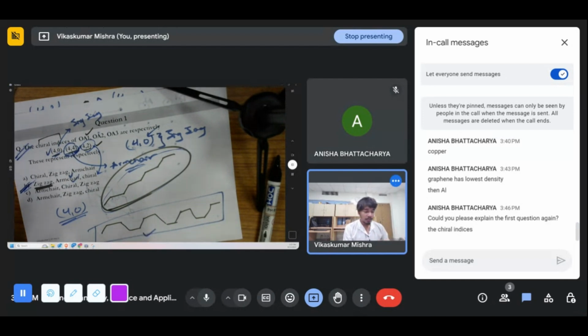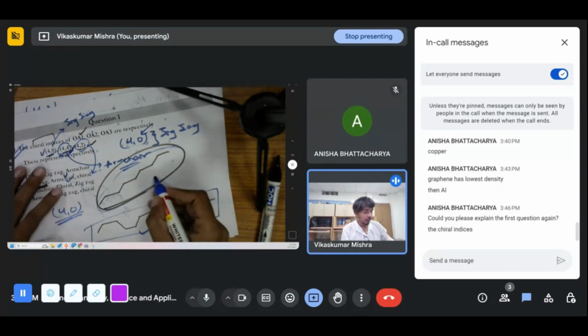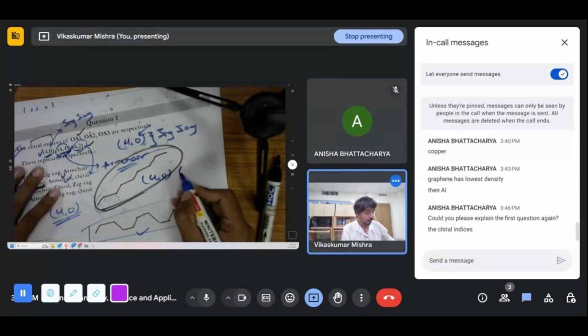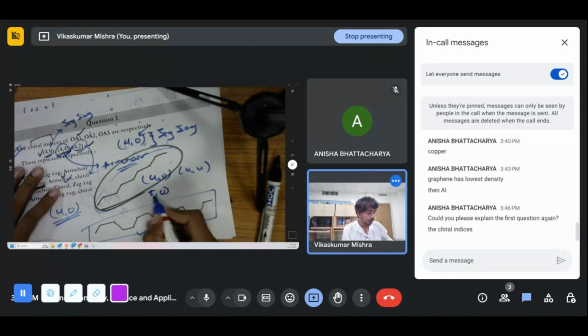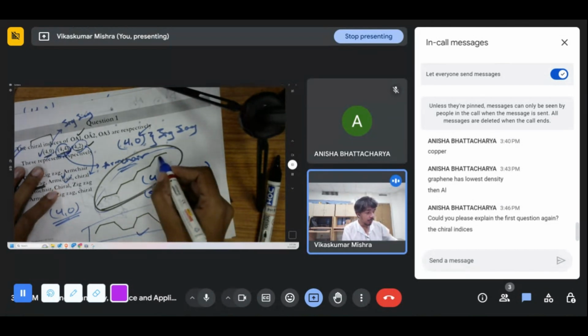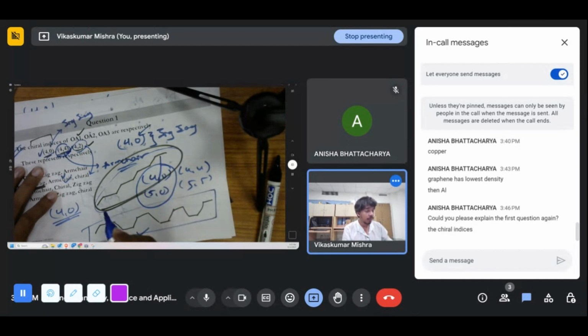And based on these things, like I did for the 4 comma 0 and 4 comma 4, even if you do it for the 5 comma 0 and 5 comma 5, again you will get that if 0 is present, then it will always be the zigzag.